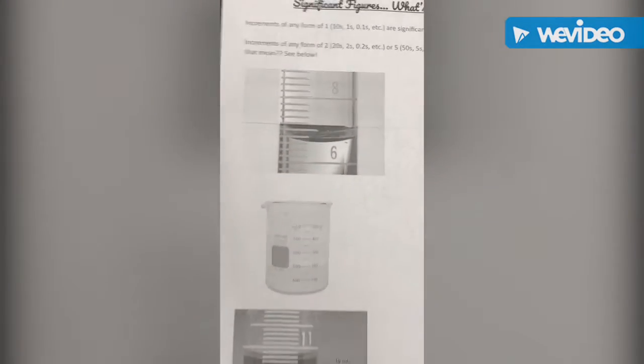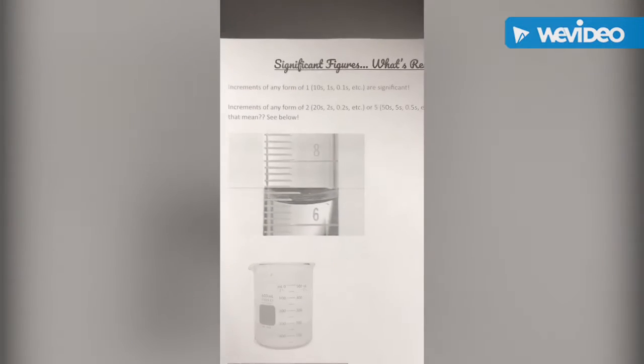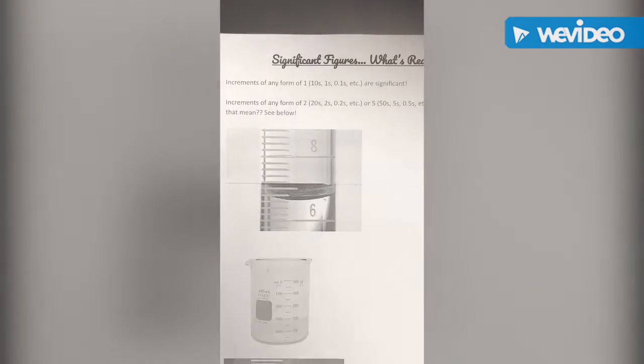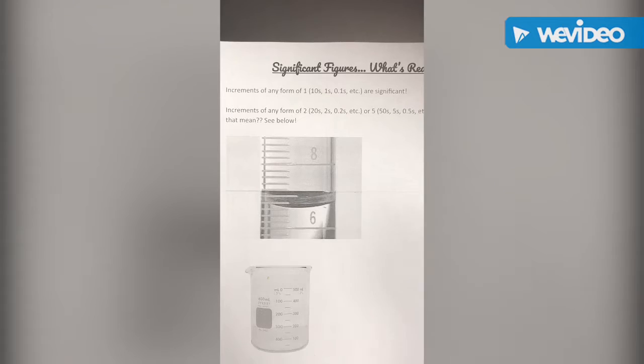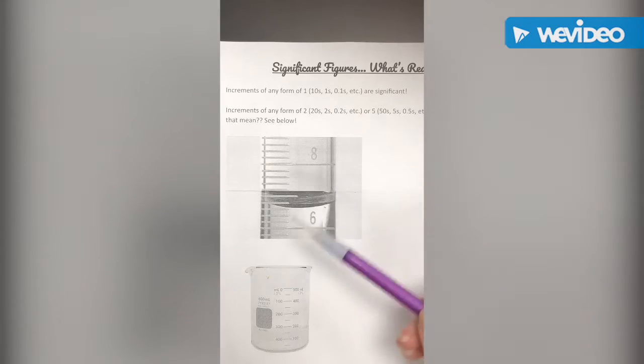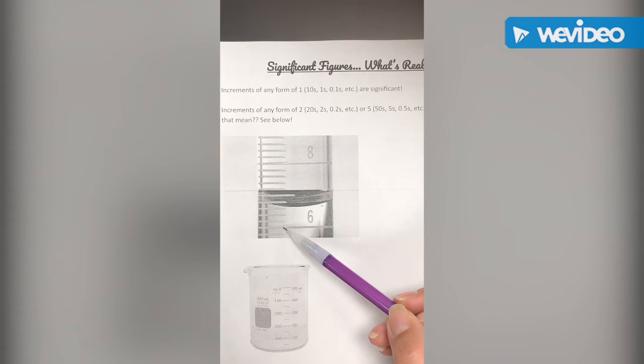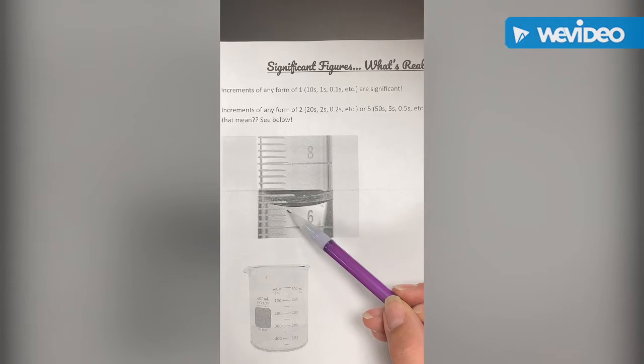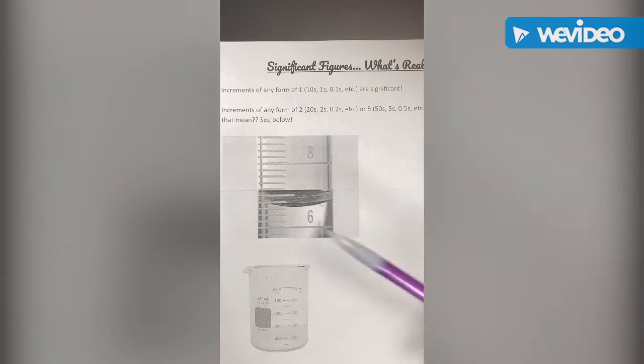Huh? Well, what does that mean? See below. So let's go over this. If we're looking at this first one, we can see here's the 6 milliliters, and as we go up, we've got the 7, and then the 8. My little indicator lines are going up by 0.2, so 6.2, 6.4, 6.6, 6.8, 7.0.